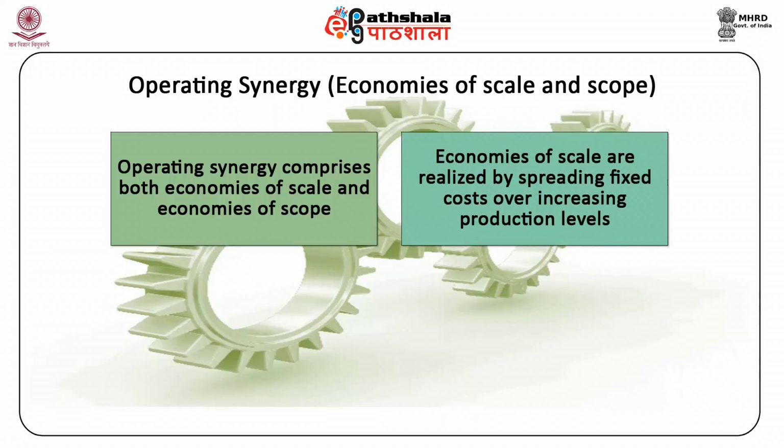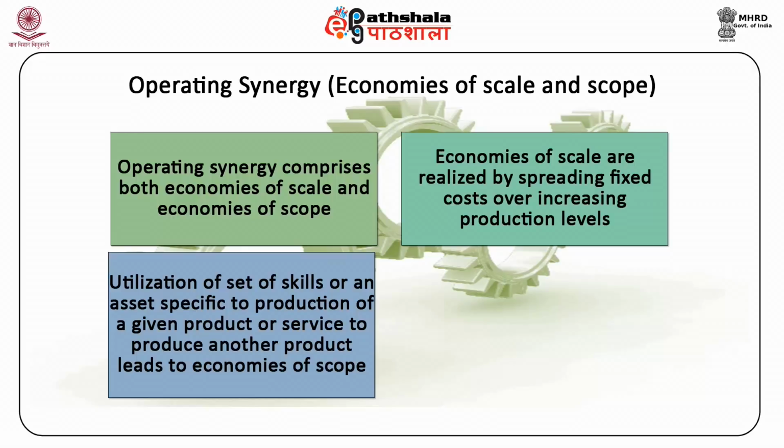Economies of scale are realized by spreading fixed costs over increasing production levels. Here, scale is defined by fixed costs such as depreciation of equipment and amortization of capitalized software, normal maintenance spending, fulfillment of obligations such as lease payments, interest expense, taxes, and long-term union, customer and vendor contracts.